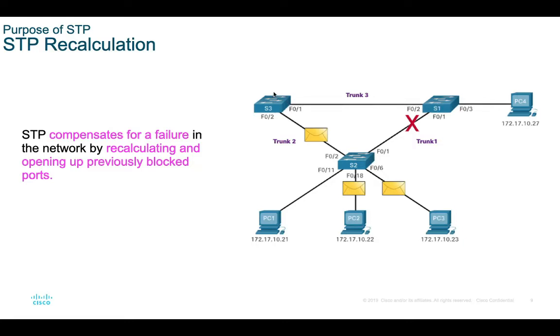Okay, now switch 3 will receive a broadcast from PC1 on F0/1. So switch 3 will record the MAC address of PC1 inside the MAC address table with the label F0/1. But at the same time, switch 2 also sends the same broadcast to switch 3 on port F0/2. So now switch 3 has received the same frame, or from the point of view of switch 3, it doesn't know it's the same frame, but a frame from the same MAC address from multiple sources.